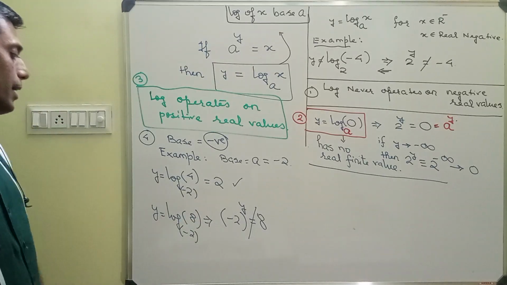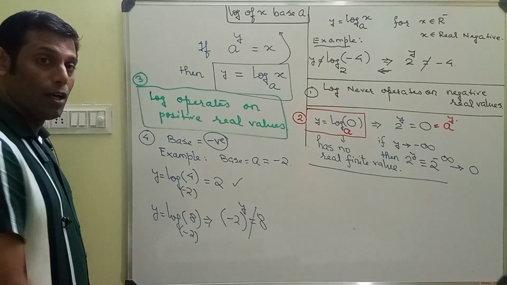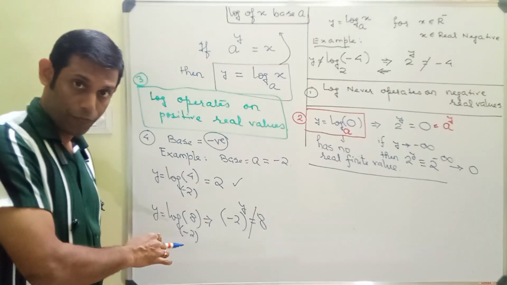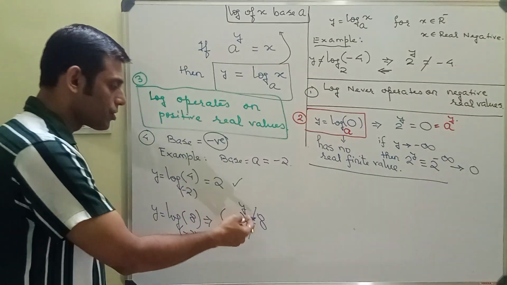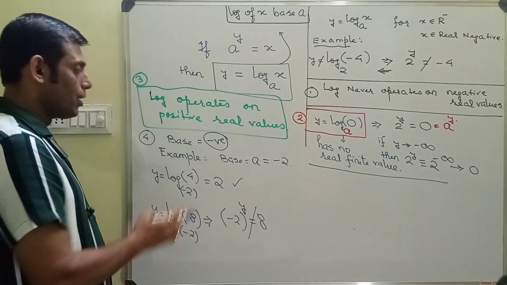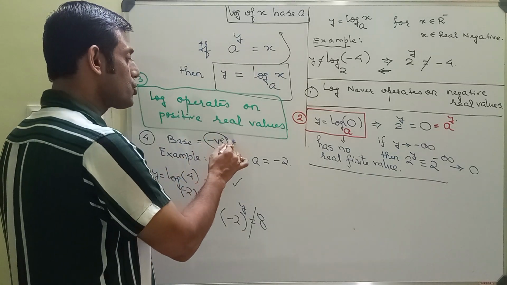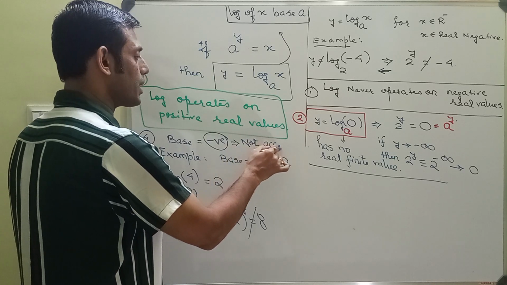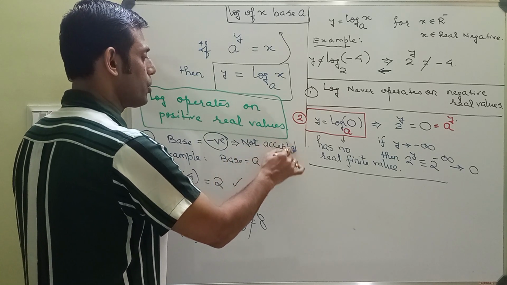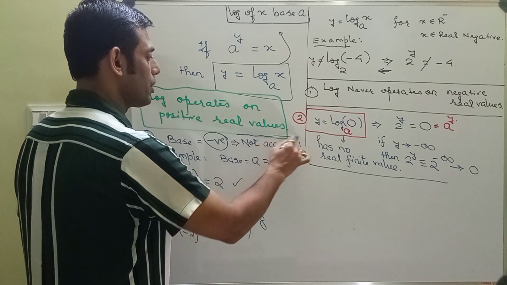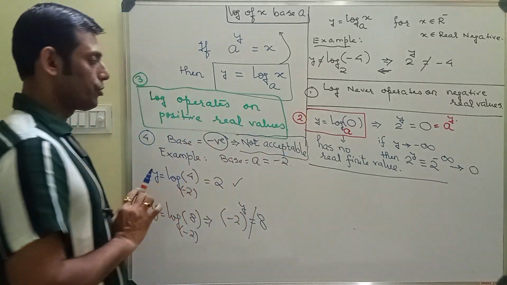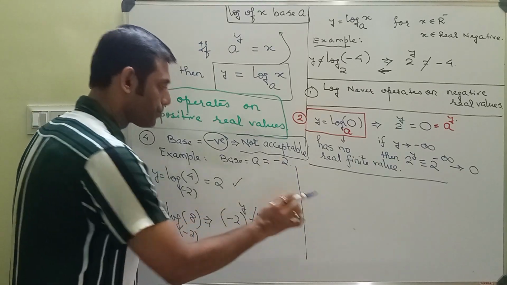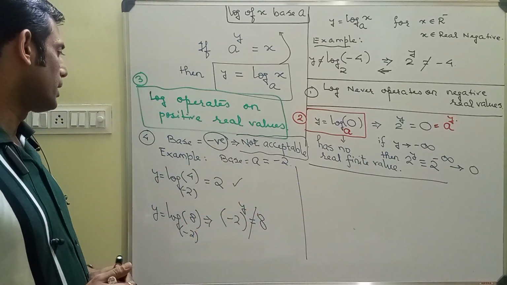This is not attainable, and hence that means log with a negative base sometimes operates, sometimes doesn't. Base equal to negative means not acceptable. Think on this. So, therefore, base of log cannot be negative.